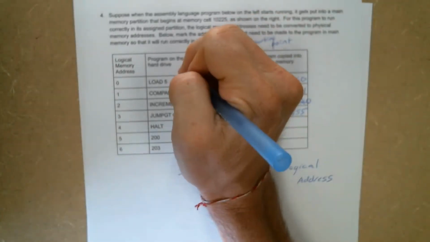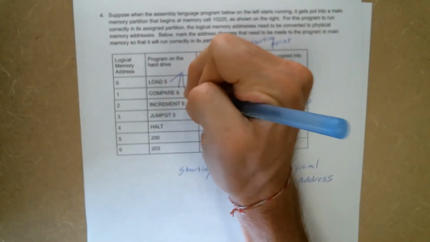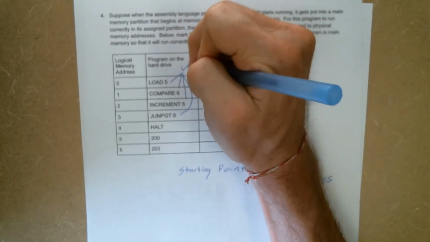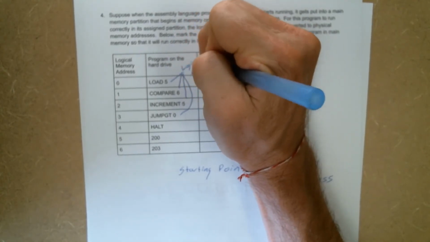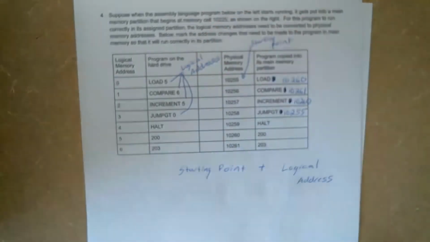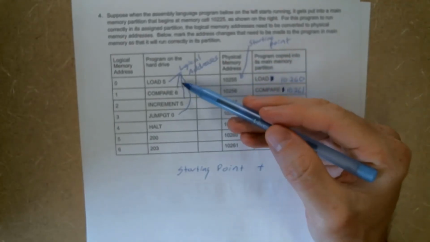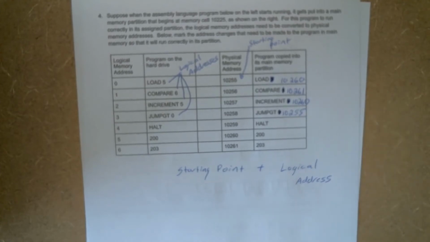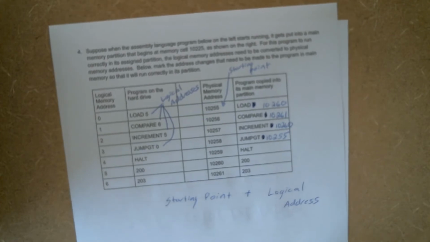All right. And these right here are the logical addresses. So once you know your starting point, once you know your logical addresses, you just add those together for each instruction to get your physical memory addresses. Okay.